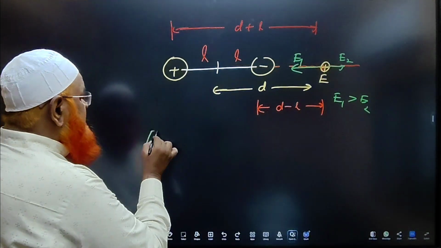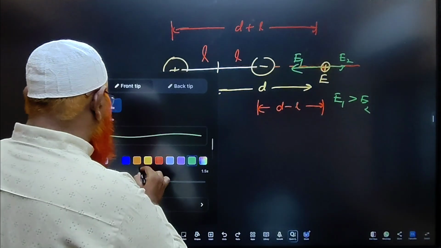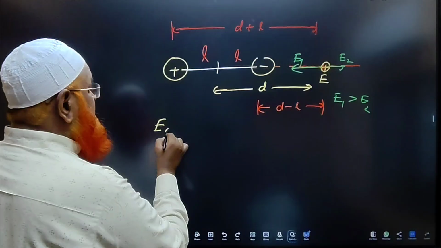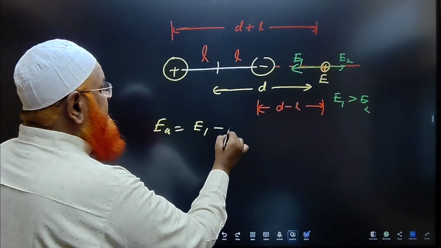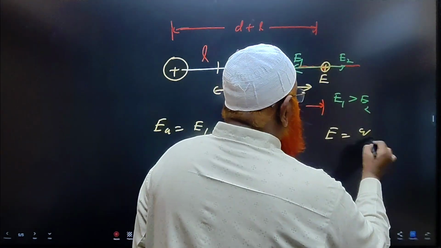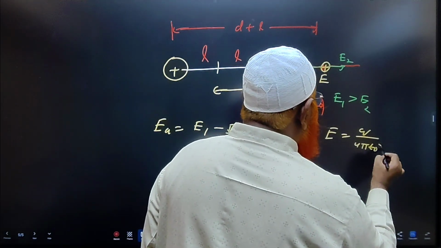So E along the axial line is nothing but E1 minus E2. The general formula for E is Q by 4 pi epsilon naught R square.